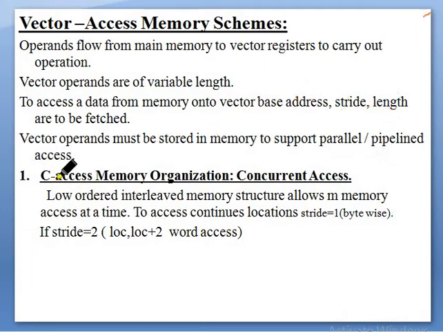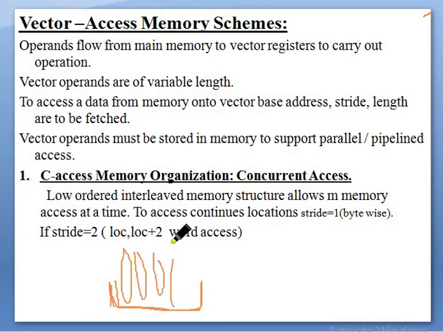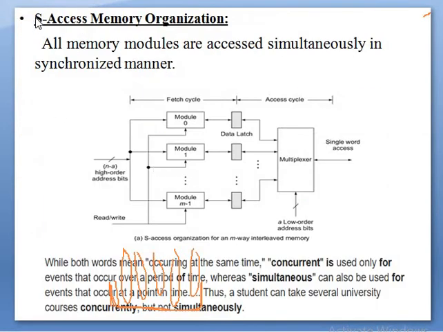The first type of access is C access, concurrent access. Concurrent access means that a time slot is given, and during this time we should be able to fetch many locations to get data. The second one is simultaneous access.